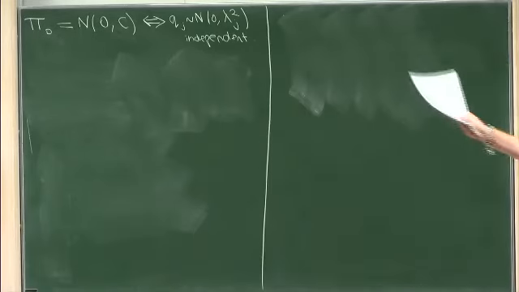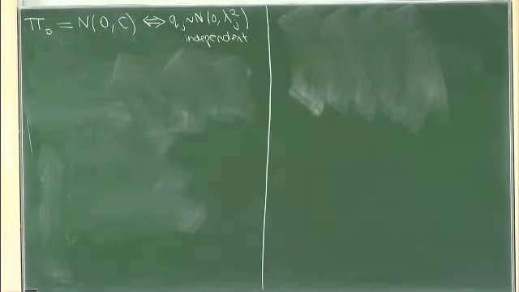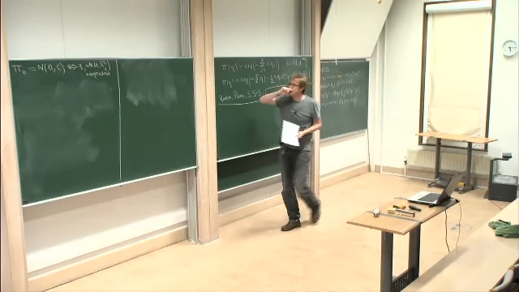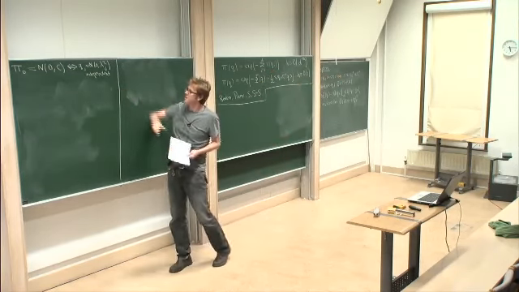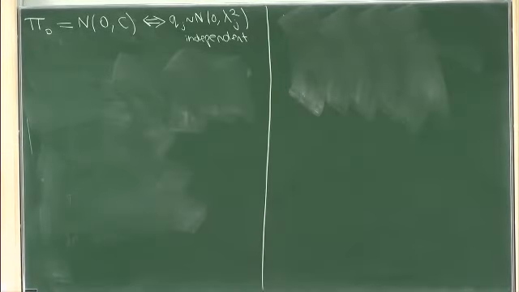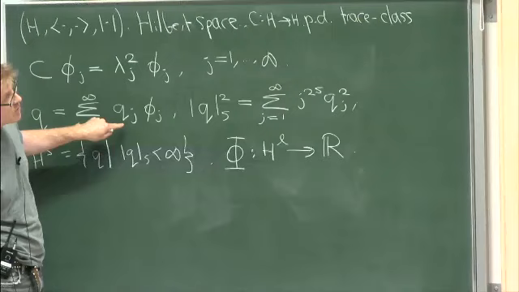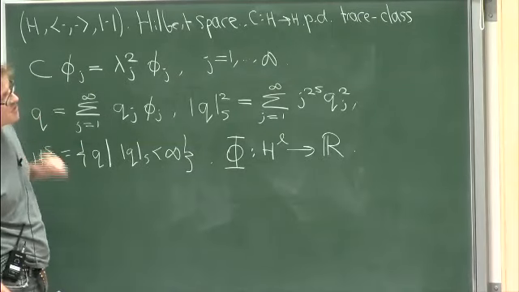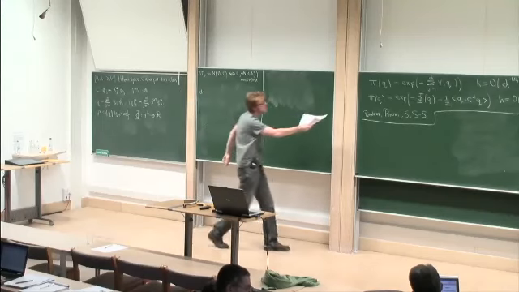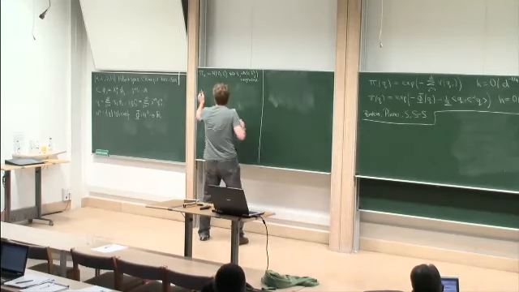This is a sense in which there's a connection between the structure we have here and the previous talk, where we had independent and identically distributed. Here they're independent, but they have different distributions. So this is a way to think of a Gaussian measure. You just expand in the eigenbasis of the covariance operator and randomize the coefficients with variance given by the eigenvalues of the covariance operator.